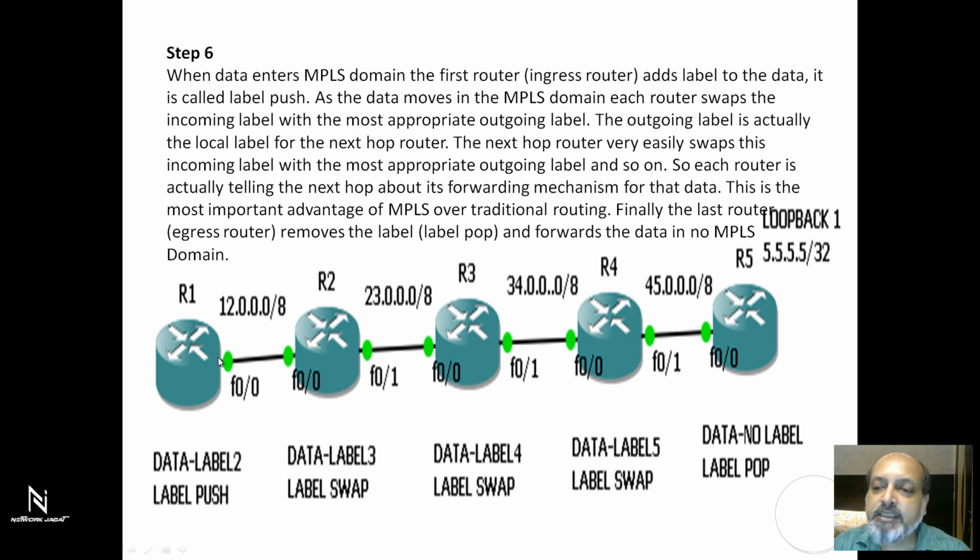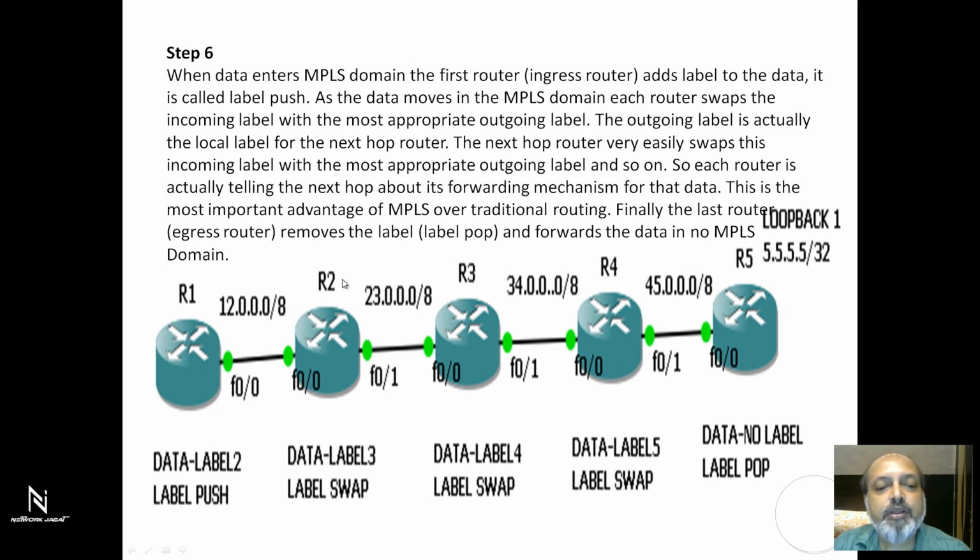As this is the first time the data gets a gift, isn't it? It gets an ornament from R1. So for that reason, this is called label push. It is actually done by the ingress router. So the data comes here with the ornament, or rather the label, that is label 2.